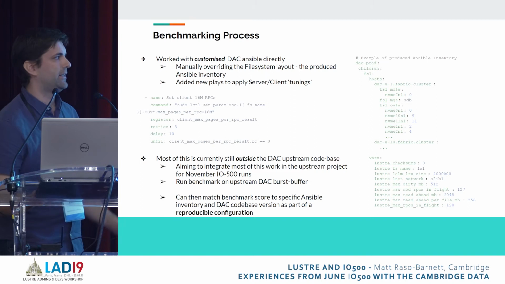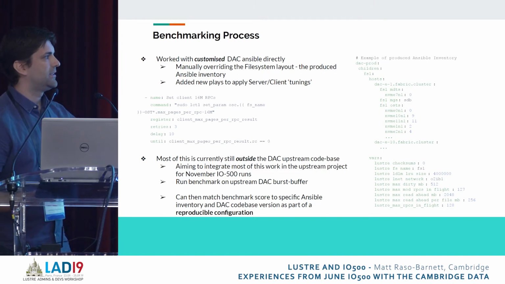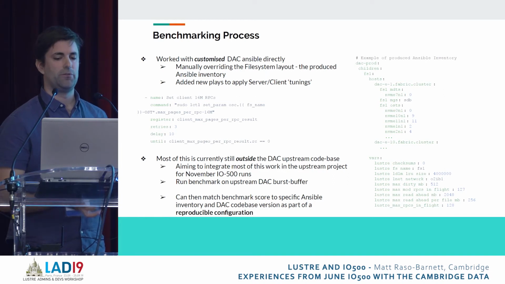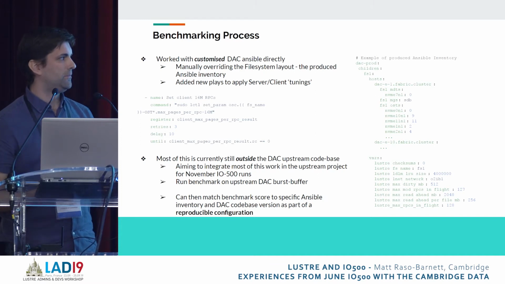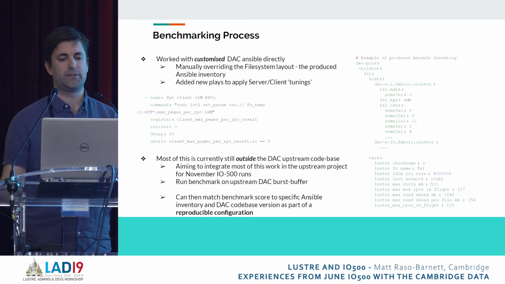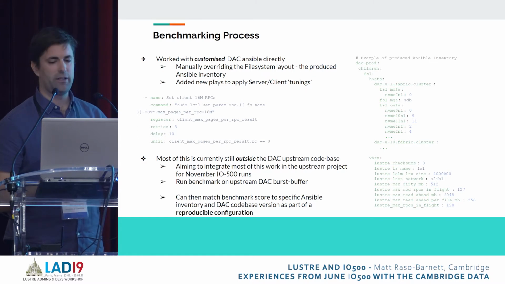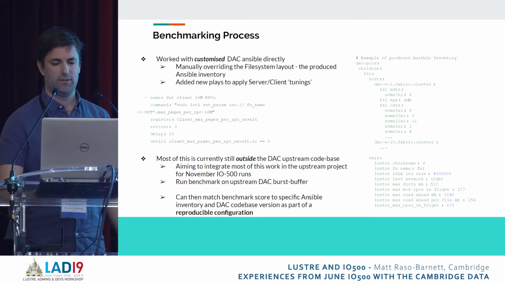But the nice thing about having the Ansible inventory is that it produces reproducible configurations. It helps again with the organization side of the benchmarking, because we could have a particular version of the software, a particular Ansible inventory, and the results of the benchmark as a reproducible configuration that we should be able to rerun in a few months and see.